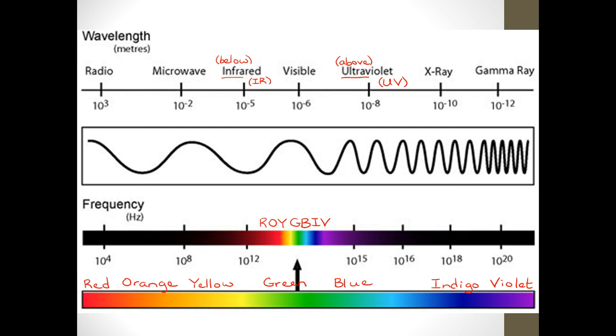Okay, now what you will see is these waves that are on the left, starting with the radio waves, are the long waves. So these are long wavelengths. And on the other side, with X-ray and gamma ray, these would be the short ones. So short wavelength on the right side.